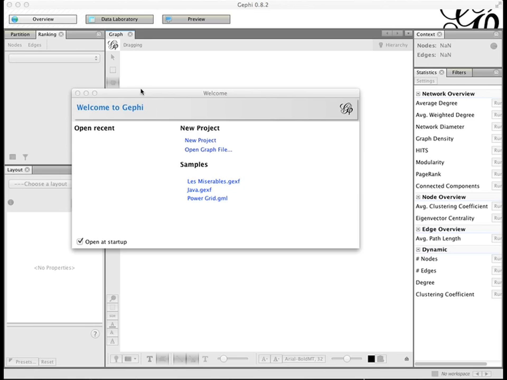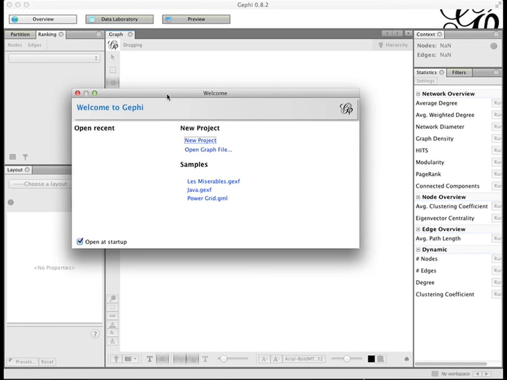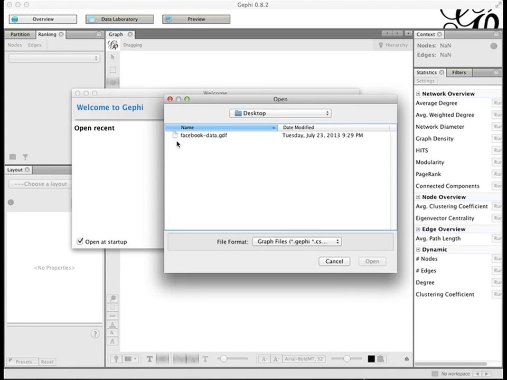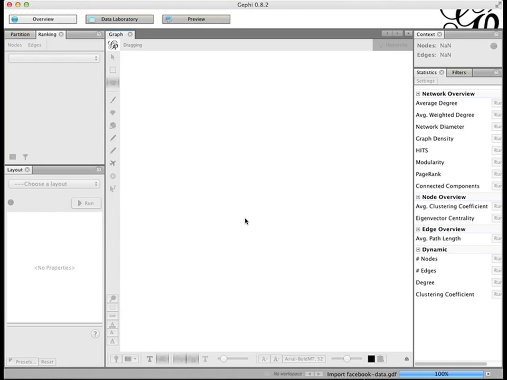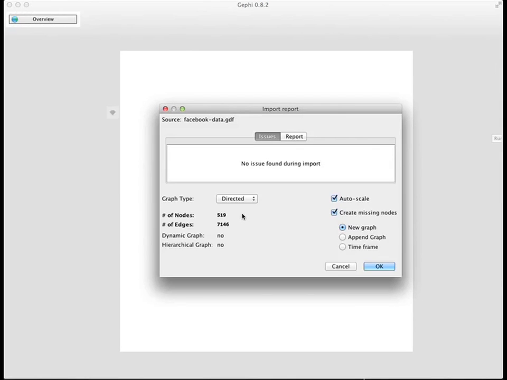Then we fire up Gephi, and you get this welcome screen, which asks you what you want to do. Do you want to start up a new project? Do you want to open an existing graph file? And we tell it we want to open a graph file, and we want to open Facebook data.gdf. Now, right out of the box, this is a pretty unexciting looking network, or it will be once the overview clicks in.